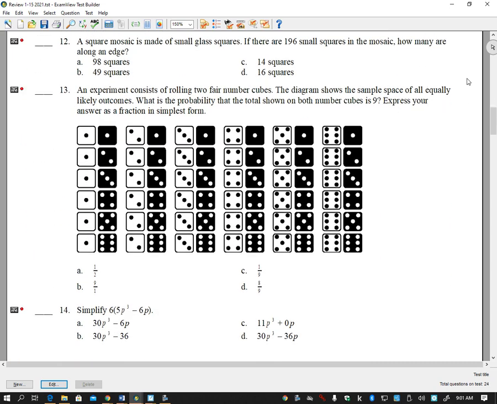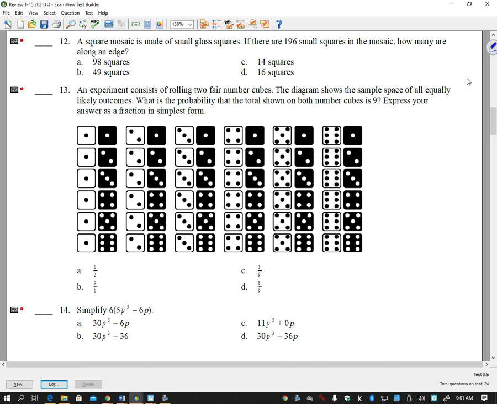A square mosaic is made of small glass squares. If there are 196 small squares in a mosaic, how many are along an edge? So it doesn't mean along all four edges, it means just along one edge. Okay?